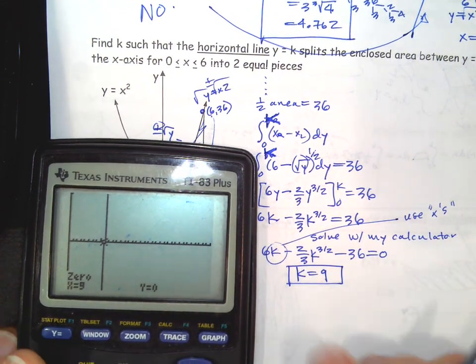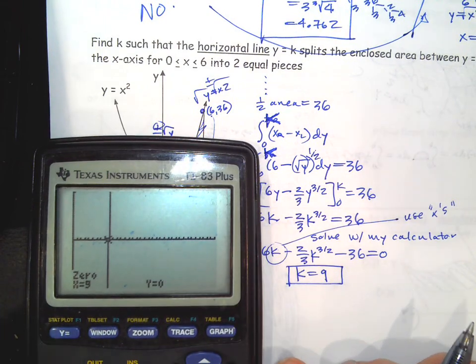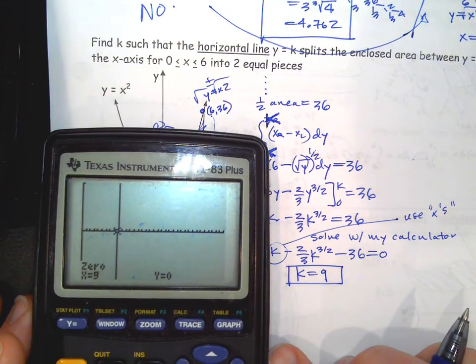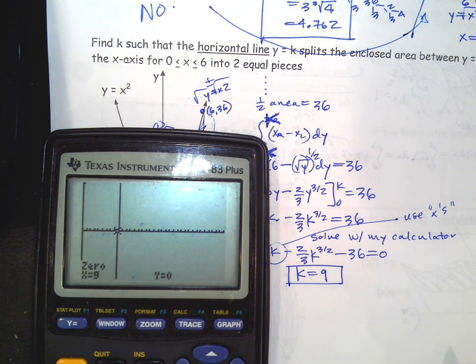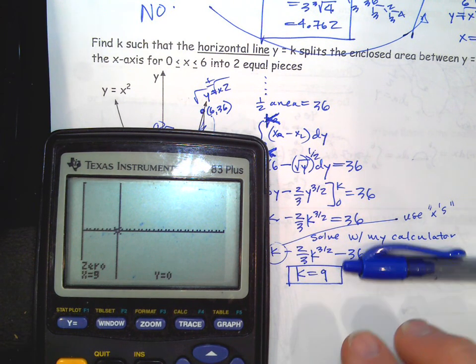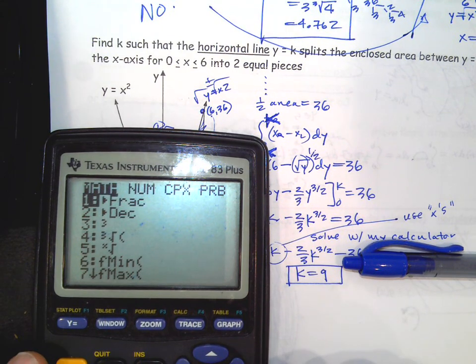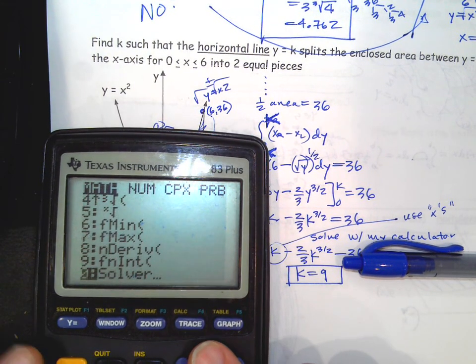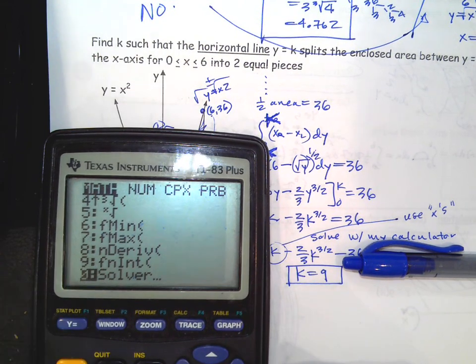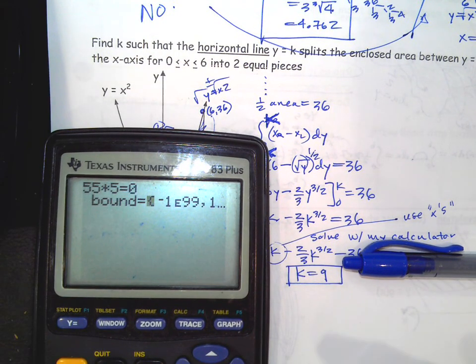Now, there is another way to try and solve equations on your calculator, a more official program. I don't think it's good though. It's under the math menu, down here at the bottom, 0 solver, and it's meant to solve equations.